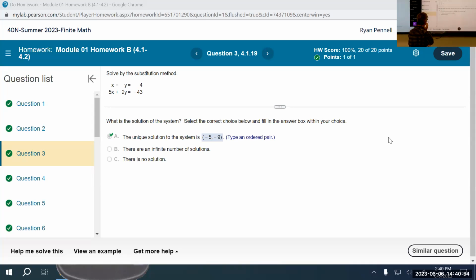So how do I do that? Well, we've got to pick where we're going to go. I think for this, I'm going to have y equals 4. No, I've got to be careful because that's a negative y. 4 minus x. And y equals x minus 4.